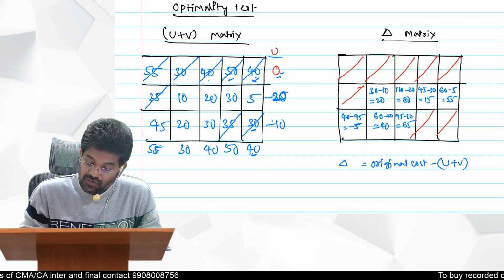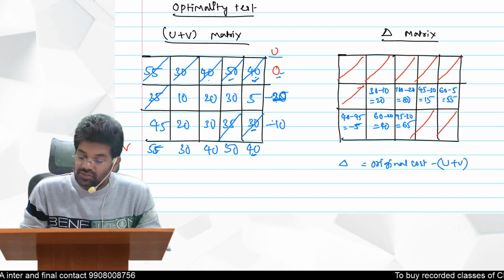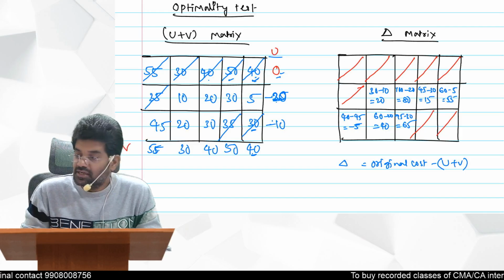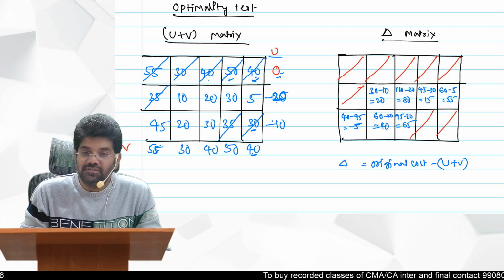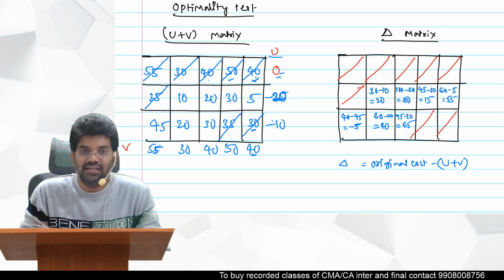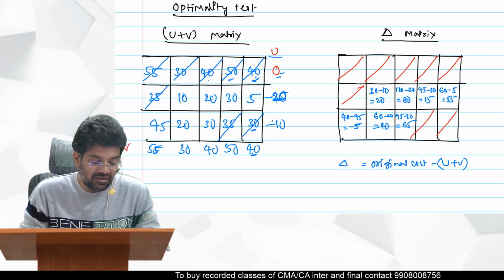So one figure you got negative. So since you got change matrix negative here, it is not an optimum solution. So our cost can be still further reduced. That is the meaning of that.